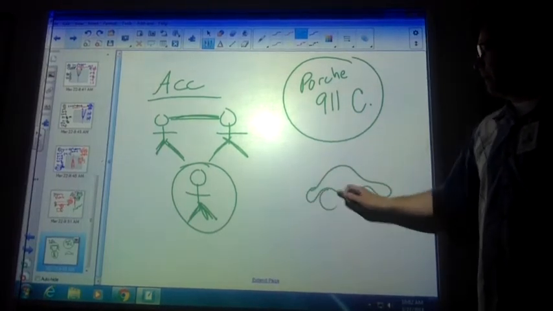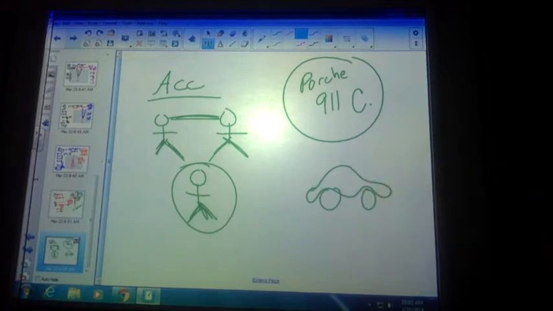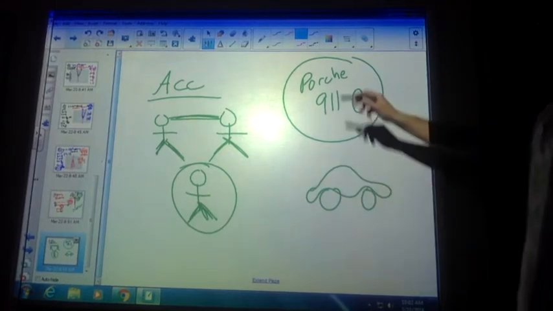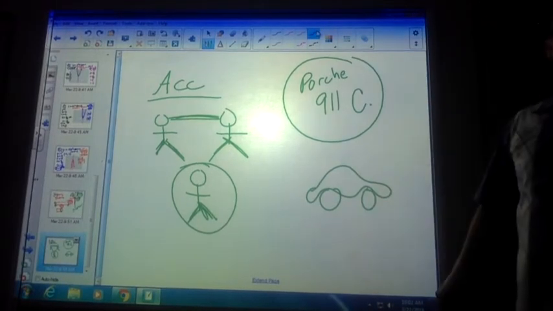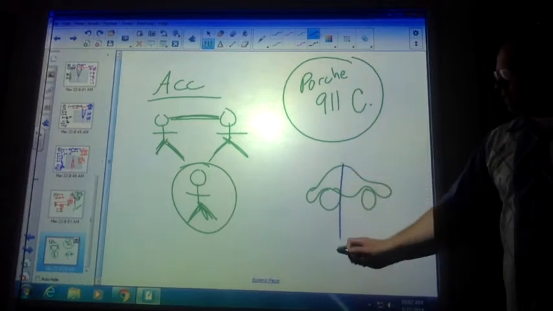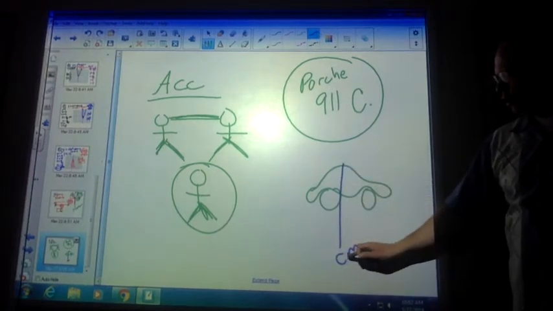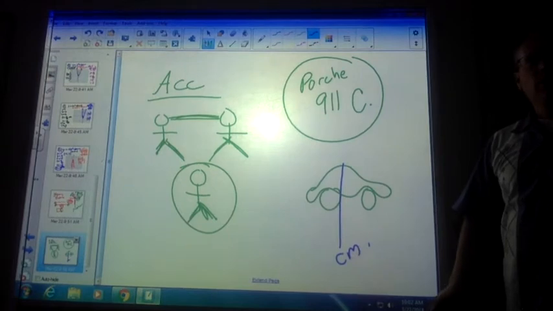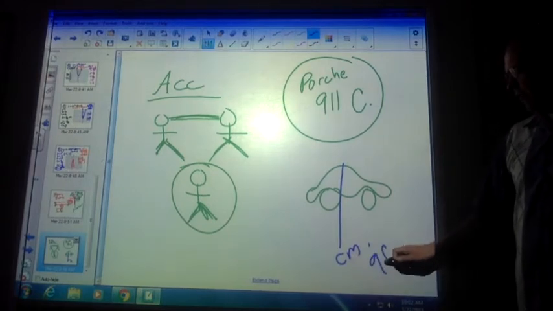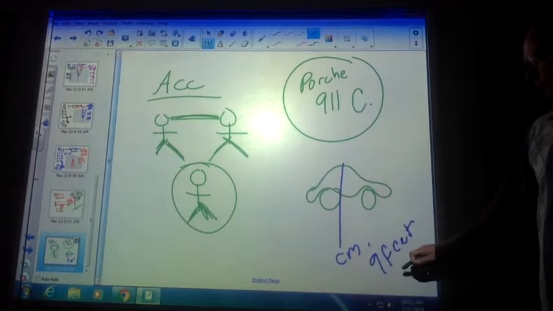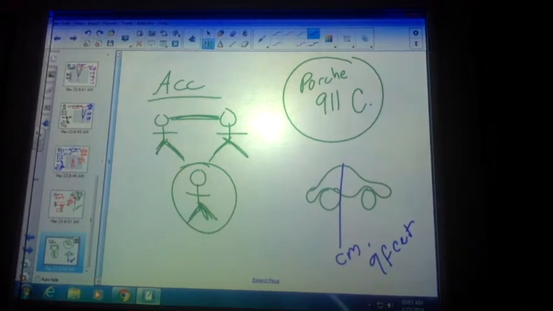Now I'm not a great artist, but this is the shape of the car. You want to know the fantastic thing about a Porsche 911 Carrera? The center of mass. The center of mass is 9 feet underground. What is the center of mass?